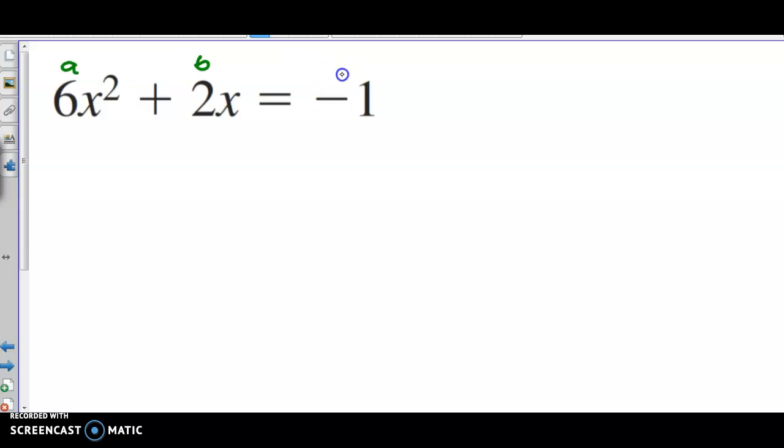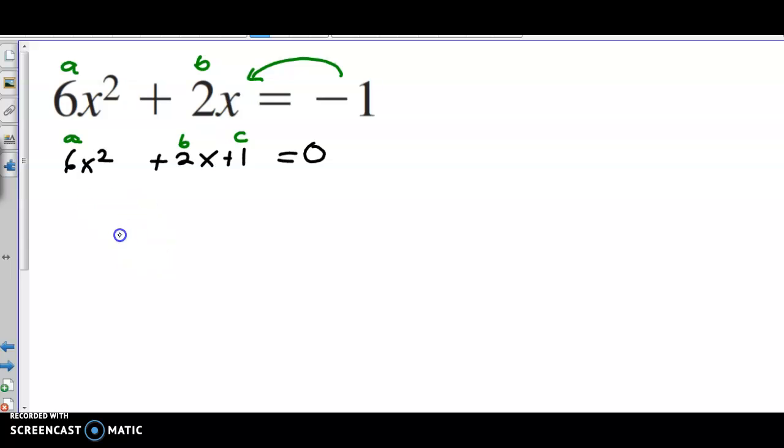This is not arranged in standard form, so you have to move -1 over to the other side, and you will get 6x squared plus 2x plus 1 is equal to 0. So then your c is positive 1, not -1, because we moved it over. So again, a is 6, b is 2, and c is positive 1.